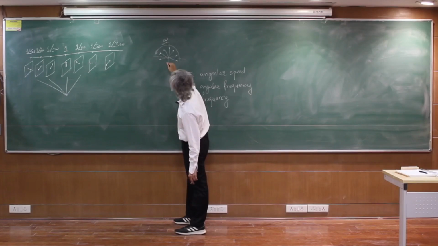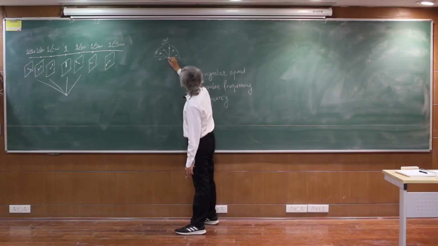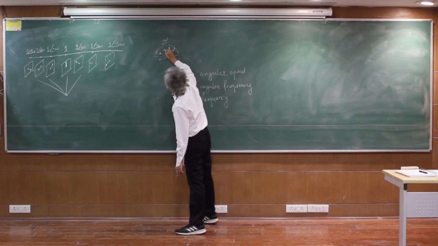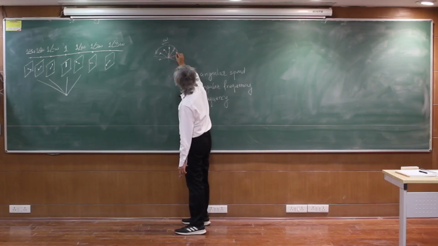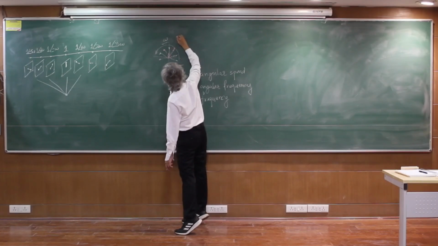Which values do I have? Minus 2 omega, minus omega, 0 and omega. They are going to multiply these values by some numbers and that will produce some sort of output.